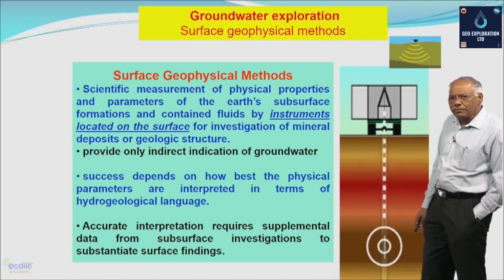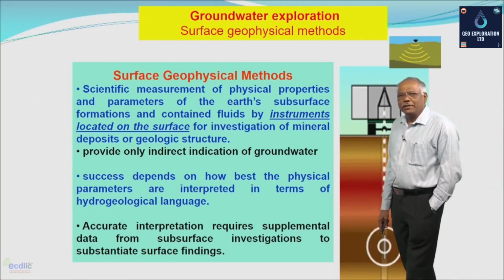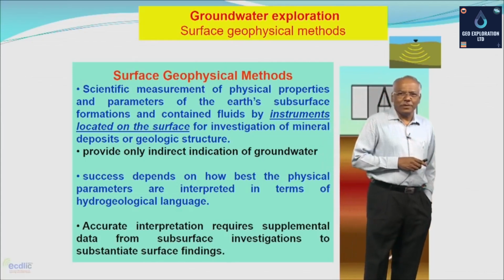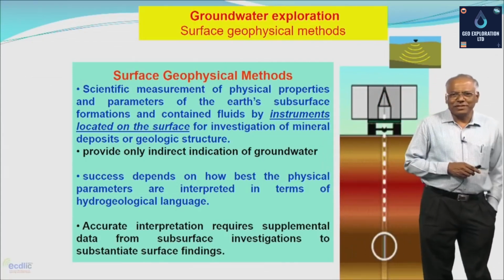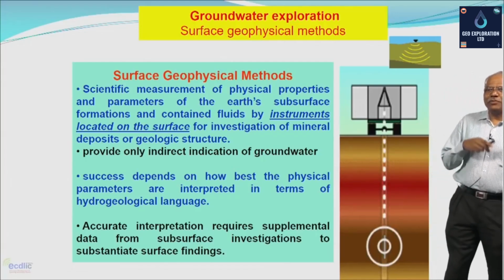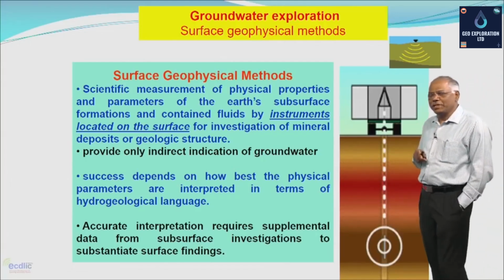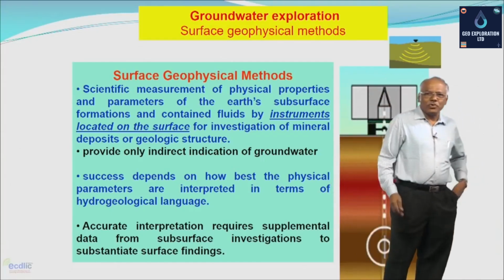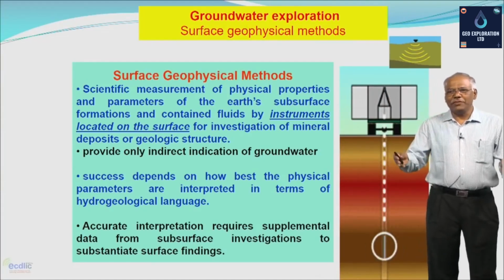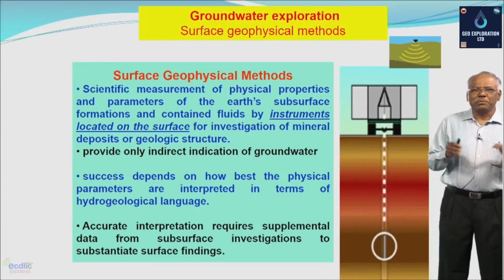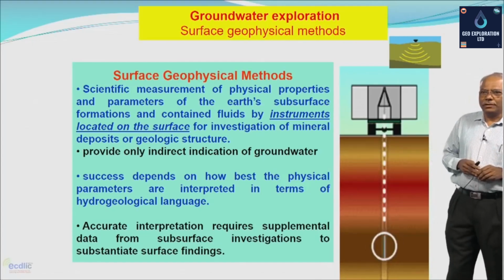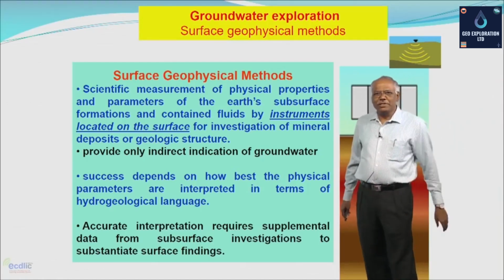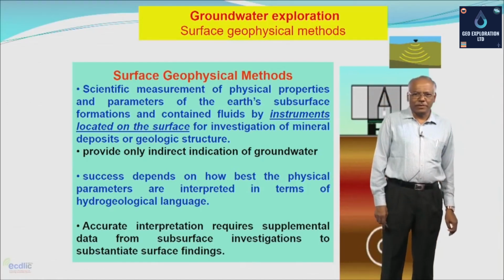In this technique, the physical properties and parameters of the earth's subsurface formations or contained fluids are measured by an instrument located on the surface. Just as shown in the figure, you locate the instrument on the surface and measure the properties of the subsurface medium, and this is what is done in the surface geophysical method.